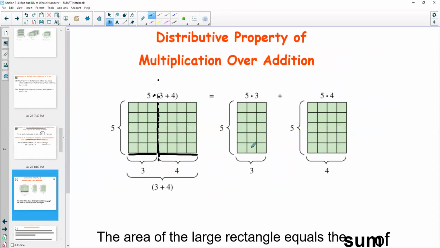So that means I have 5 times 3 plus 5 times 4. You can see in the picture that if I added this back together, I smushed them, I'd have the same thing. And a lot of times kids actually need to see this to believe the distributive property because they think it's sort of fishy. They don't always right away go like, oh, yeah, totally, that totally works like that. It's fine.